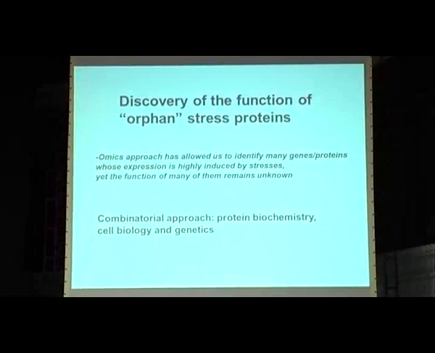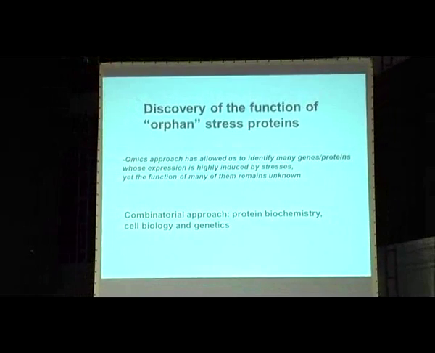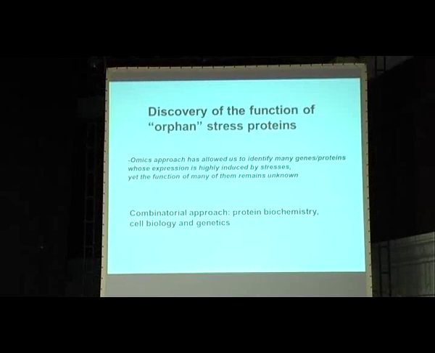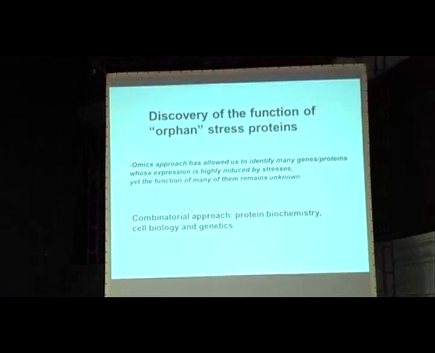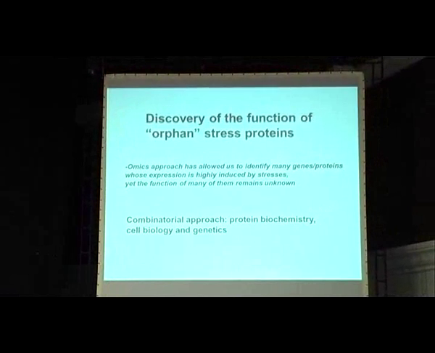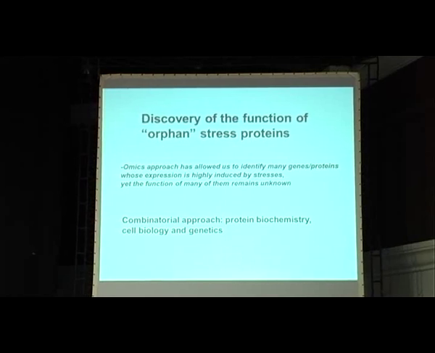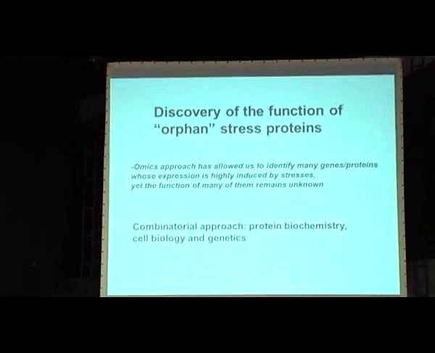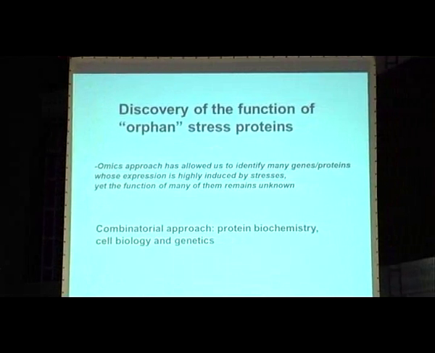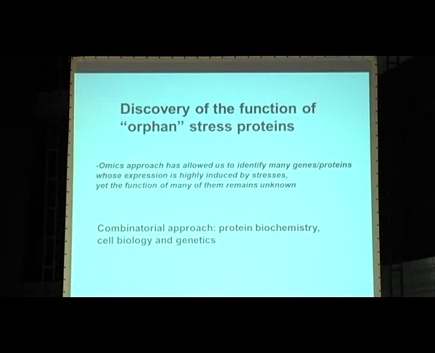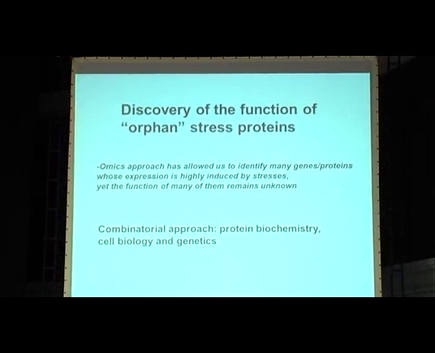Because the omics approach, as we have heard many times in this conference, has allowed us to identify many genes and proteins whose expression is highly induced by various stresses. Yet the function of many of those stress-induced genes or proteins has not been really elucidated. So that's the reason we call them orphan stress proteins.